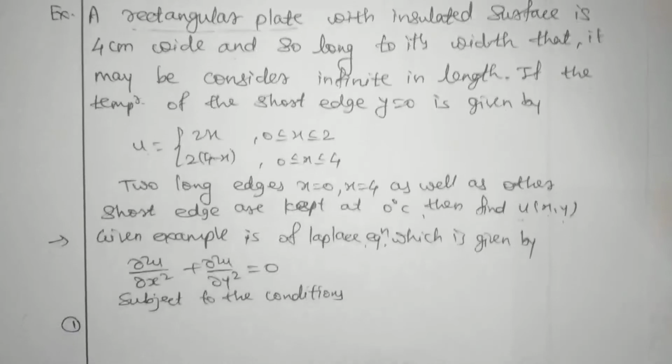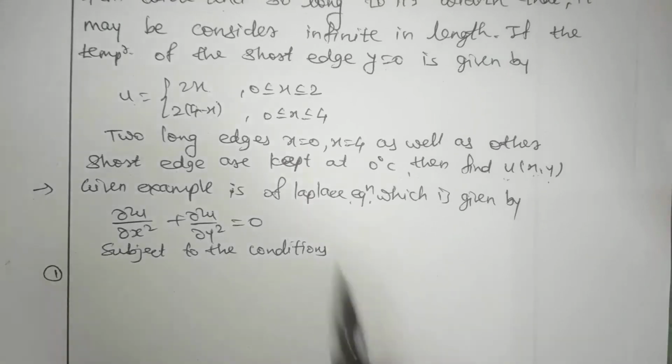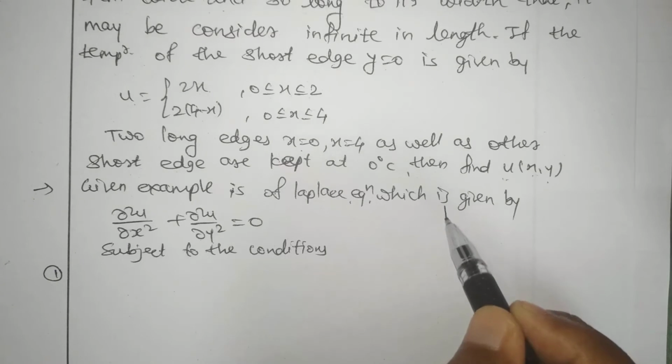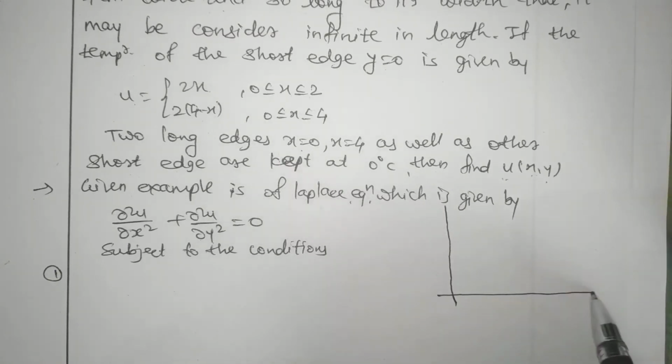Now, subject to the conditions, we have to write the boundary conditions using the given example. For that we try to understand the example. We are given two long edges x = 0 and x = 4. So I will try to draw it. Suppose this is our y-axis and this is our x-axis.